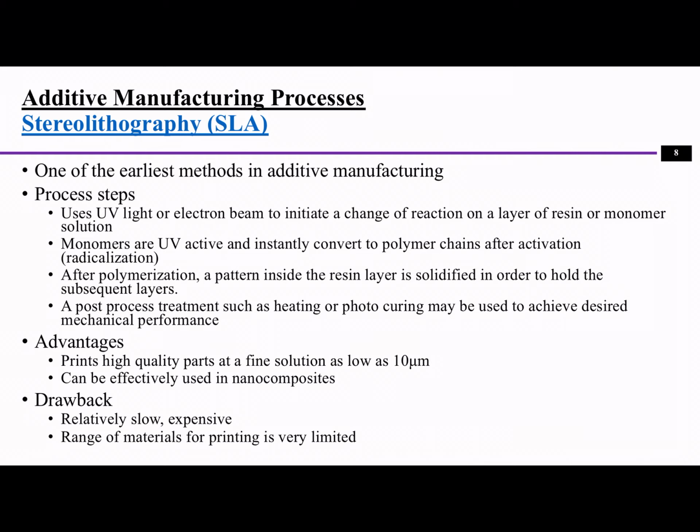So that's why stereolithography might have a better resolution compared to other 3D printing processes. Of course, this process is very slow and very expensive. These are all the drawbacks. The range of materials that you can select is also very limited.